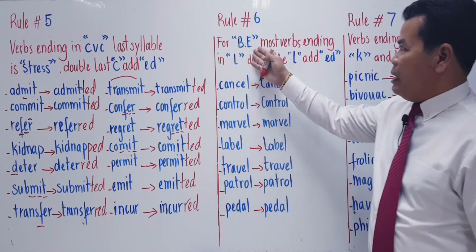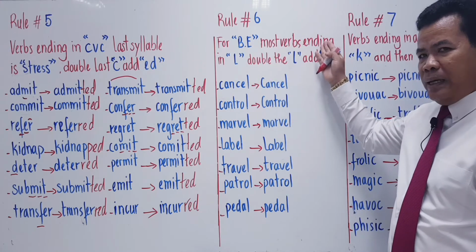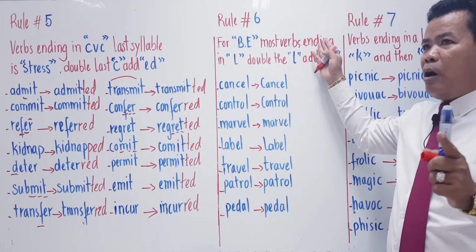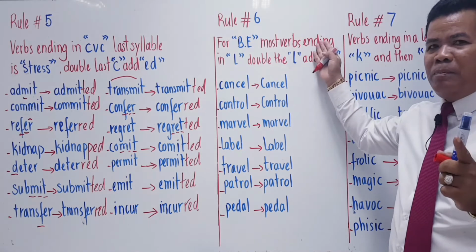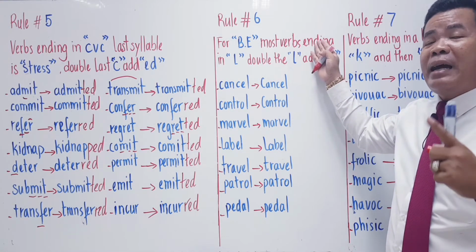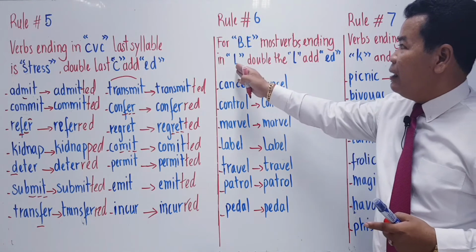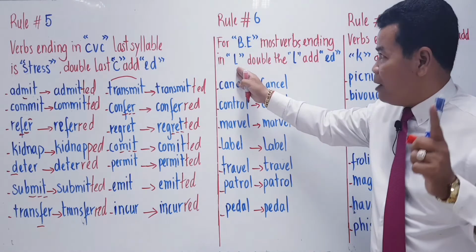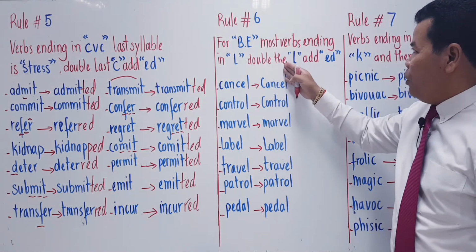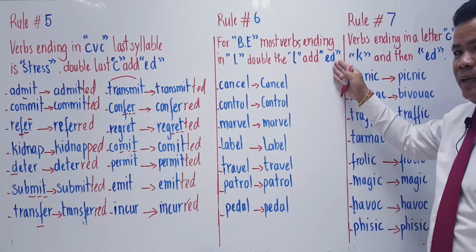For BE, British English, most verbs, not all verbs, maybe 85% or maybe 90% of verbs ending in the letter L, we have to double one more L and then add ed.